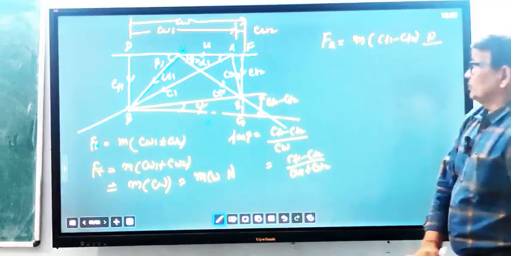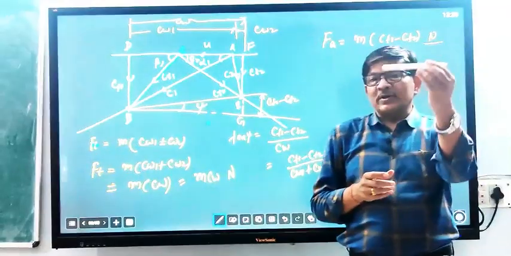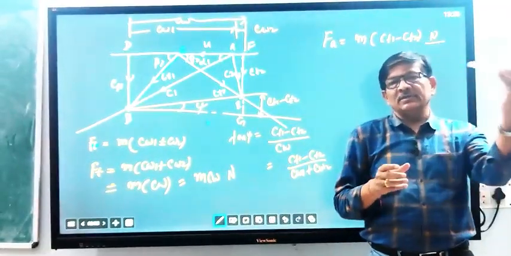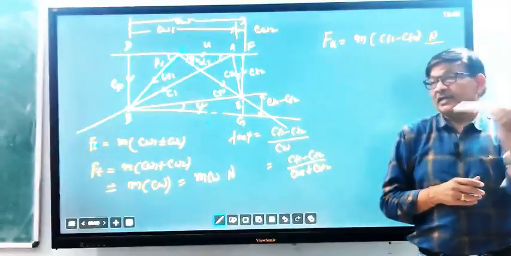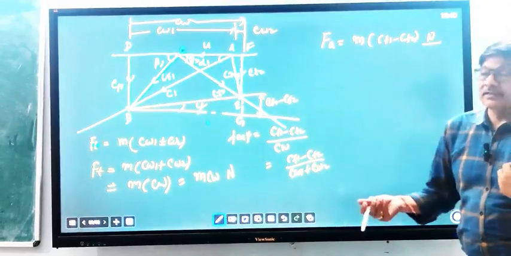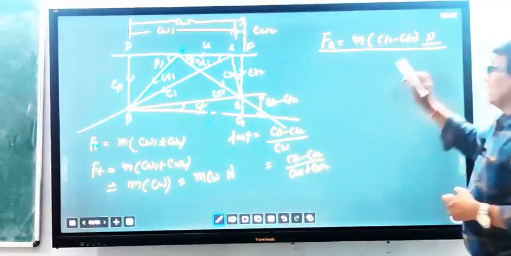This is the axial thrust. Due to this axial thrust, the shaft will move like this. We have to provide a thrust bearing to bear the shock of the axial movement of this rotor along with the shaft. So we have to keep the axial thrust as minimum as possible. By this equation you can find the axial thrust.